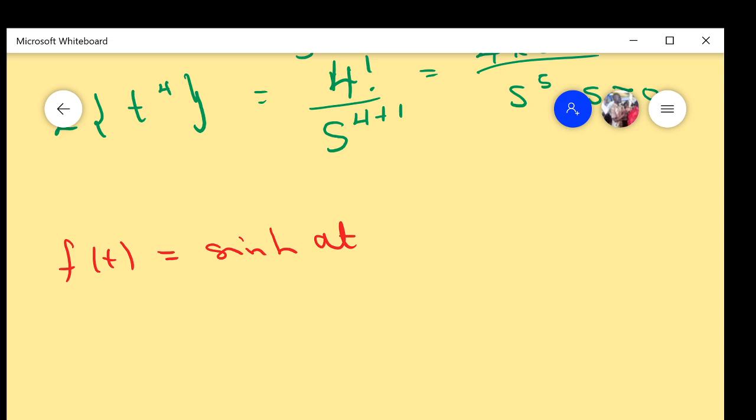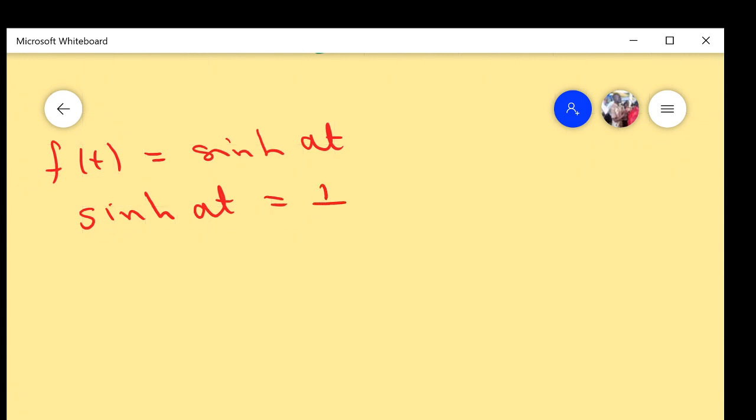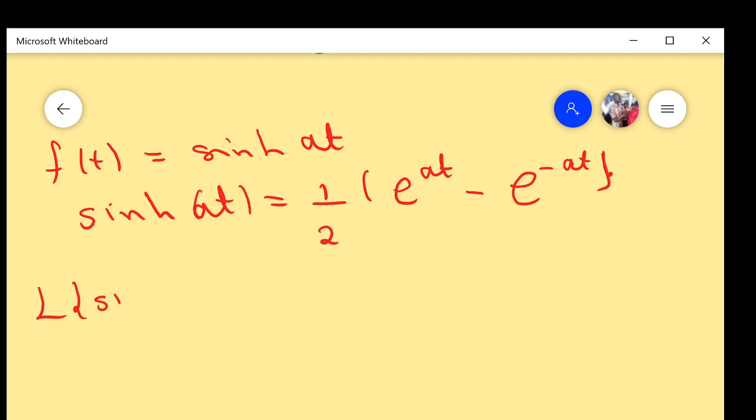We know sin at, from our previous lessons, is equal to 1 over 2i times e to the power at minus e to the power minus at. So this is sin at.